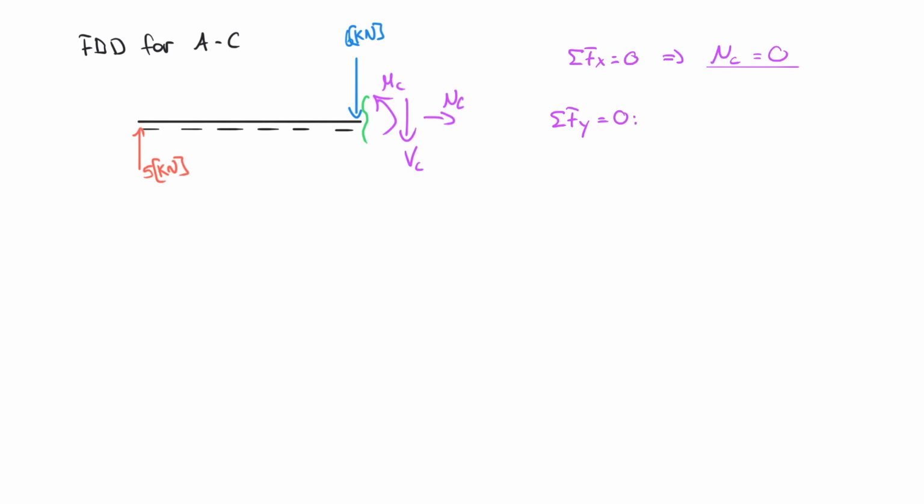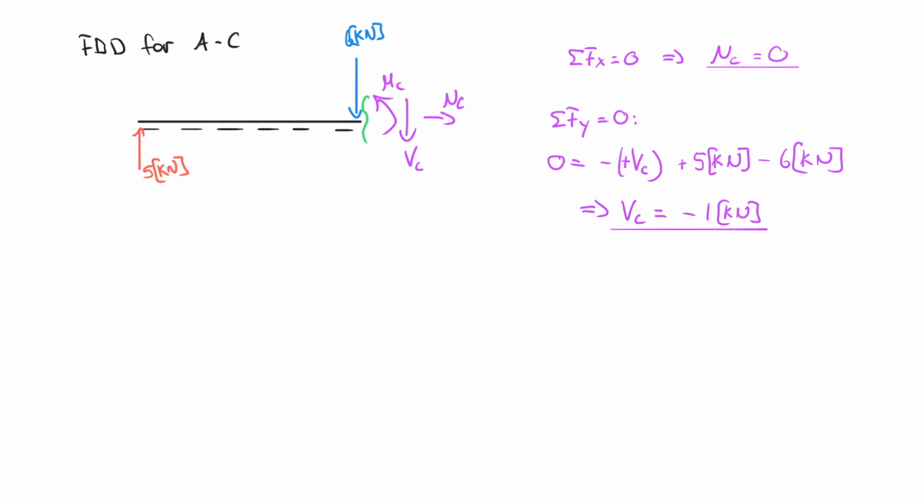And I pretty much say that 0 is equal to minus positive VC plus 5 kilonewton, that's a support reaction, minus 6 kilonewton. And now I know that my V at C is really equal to minus 1 kilonewton. And that is something I will use later on as well.